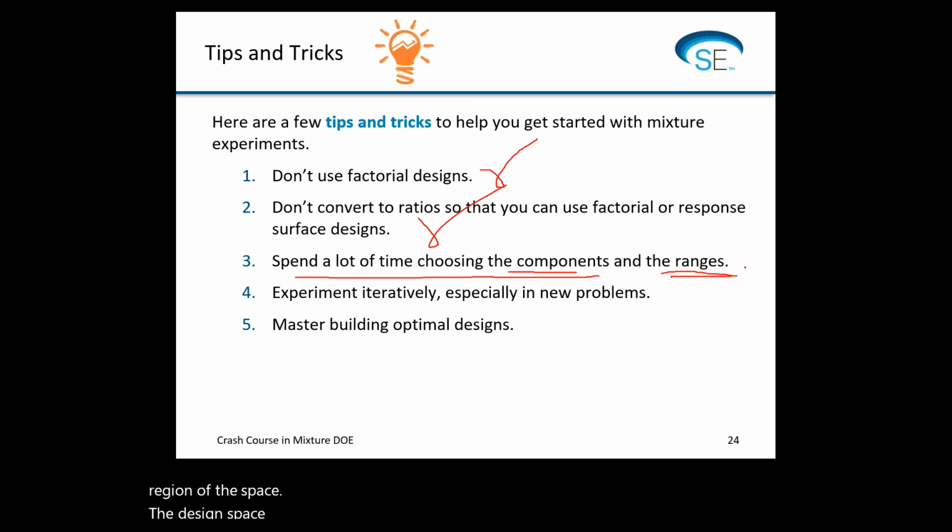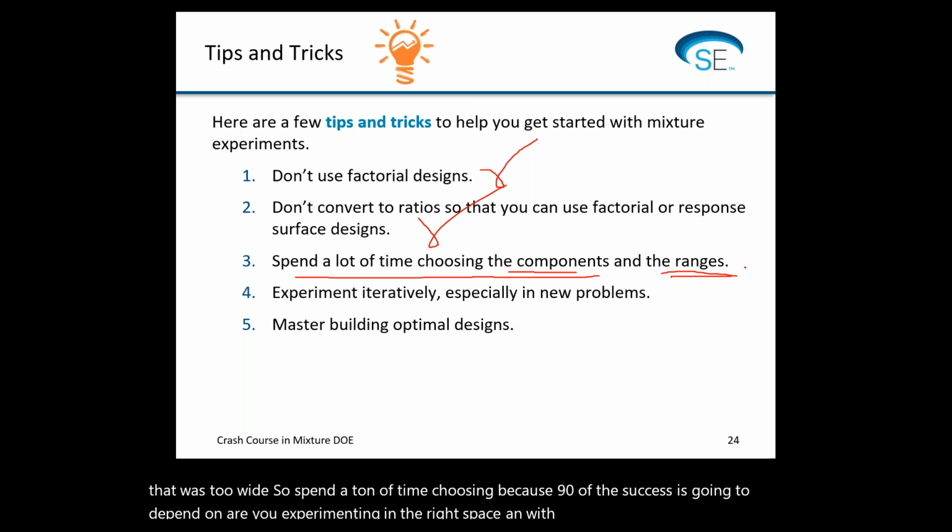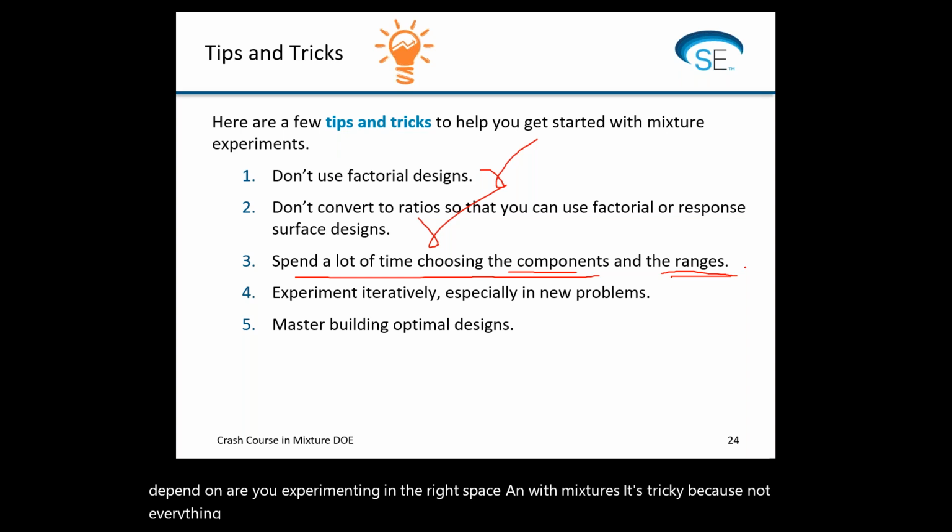Maybe one of your components had a range that was too narrow, one that was too wide. So spend a ton of time choosing, because 90% of the success is going to depend on, are you experimenting in the right space? And with mixtures, it's tricky because not everything varies independently. So if you want to put in more water, you might have to put in less of some other component.